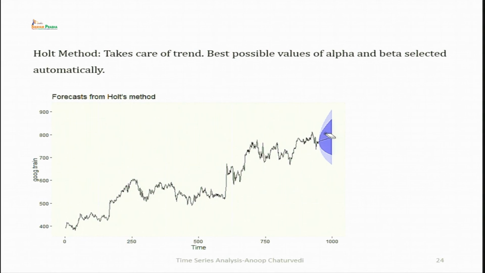So, here you get the forecasted values. These are the forecasted values. So, at least you are getting some better forecasts, because you are taking care of this linear trend present in the data set.